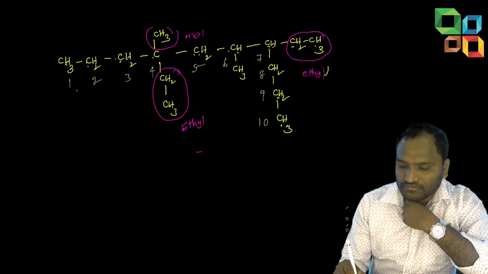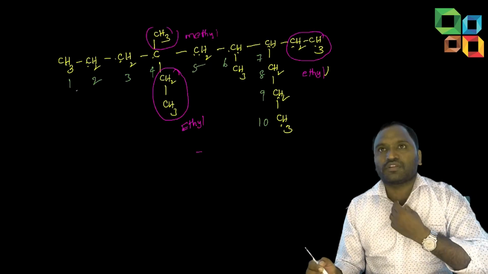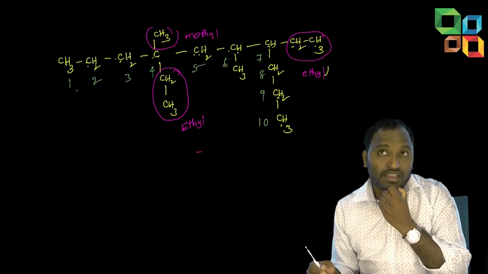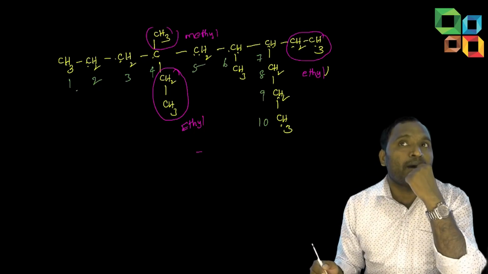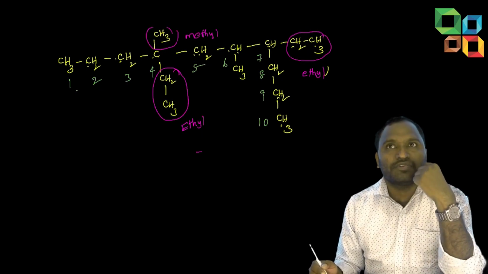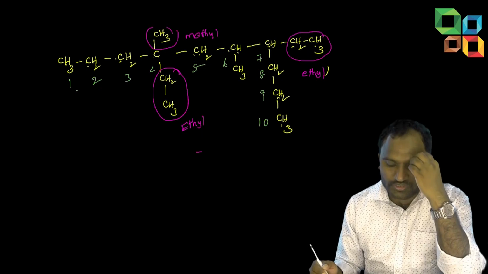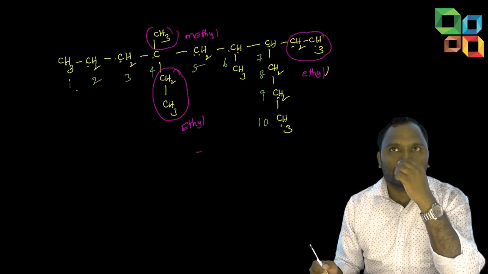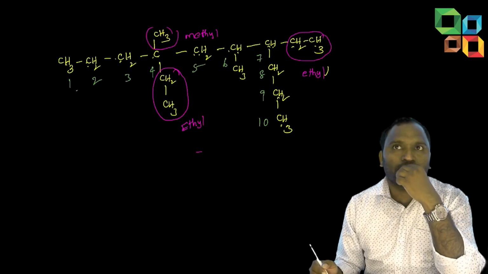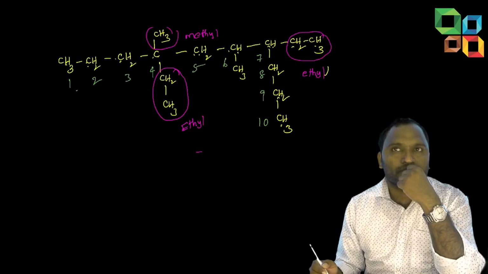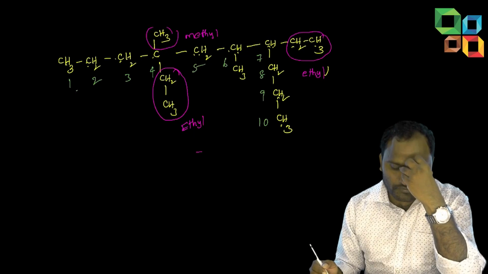Methyl. 4 methyl. 4 ethyl. 7 ethyl. Okay. Don't write the name yet. 4 ethyl. 7 ethyl. Ethyl. 6 methyl. Decane.